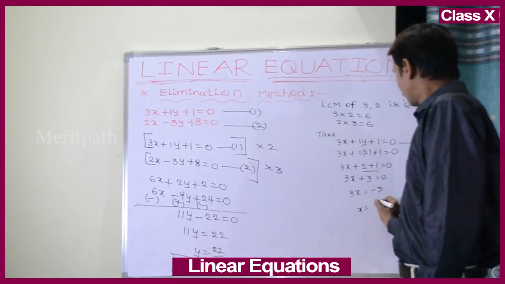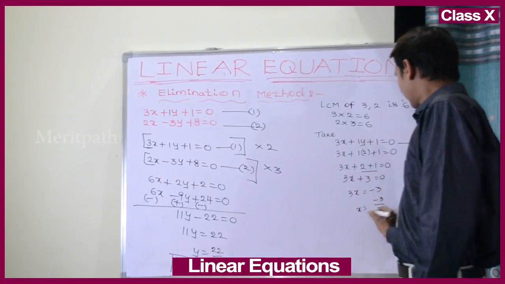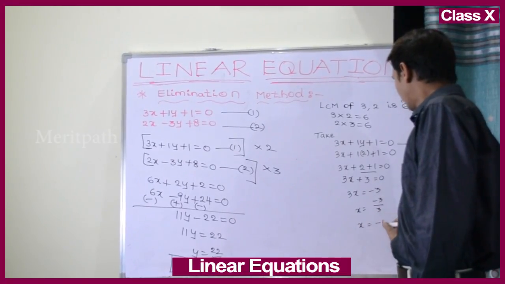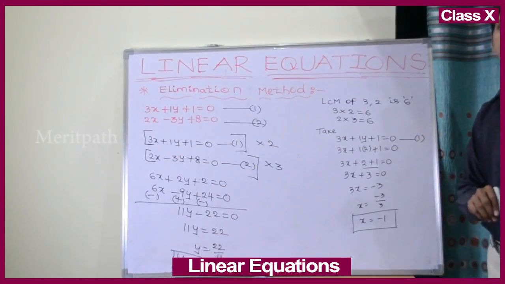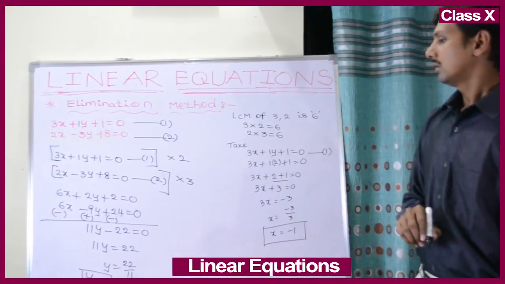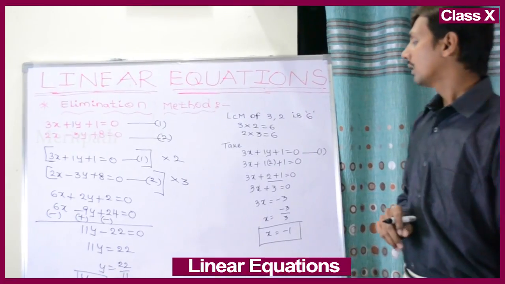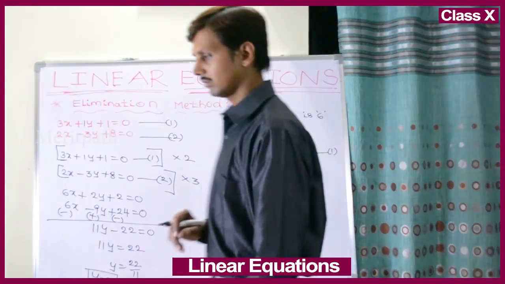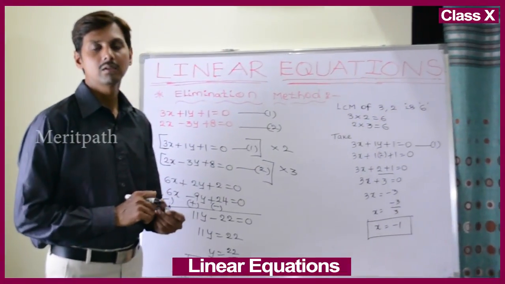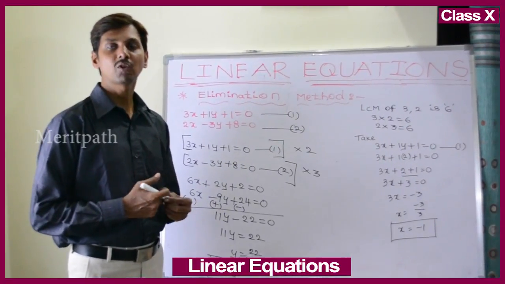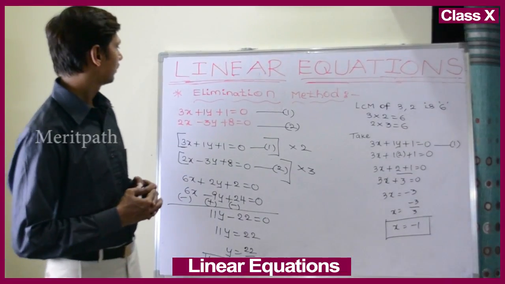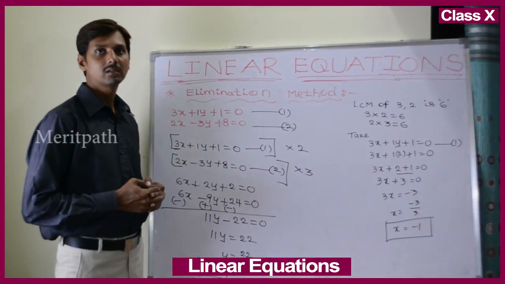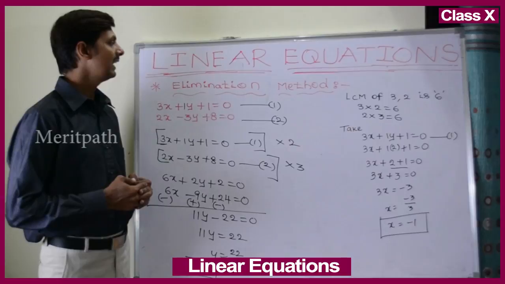Then x = -3/3, so x = -1. We got the value of x, that is -1. The value of x is -1 and the value of y is 2. This is the process of finding the values of the two equations using the elimination method.